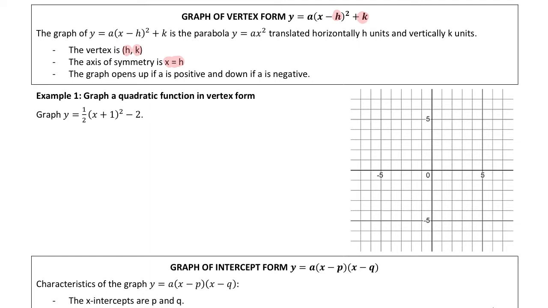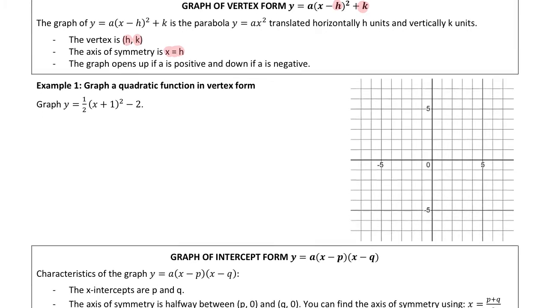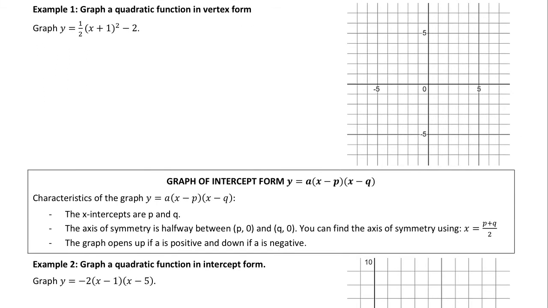So I'm going to show you that in this first example, to get this down. Graphing this function, the first thing I am going to give you is the vertex. The vertex of this function, we've got our h and k values. We've got 1 and negative 2. So our vertex is negative 1, negative 2.